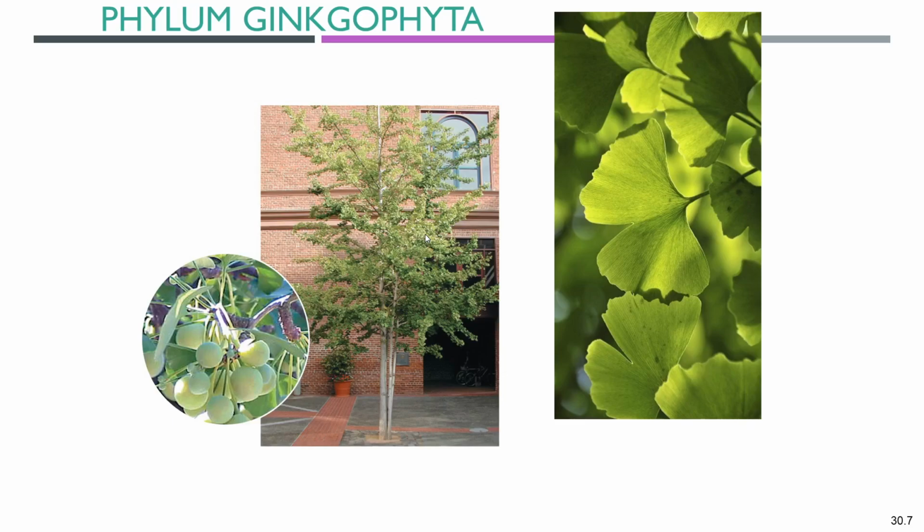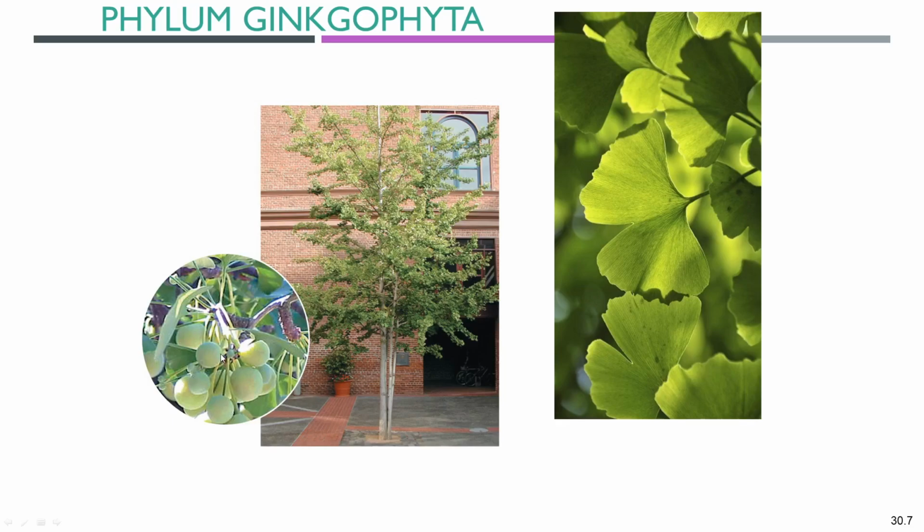It is like the cycads. This group of plants, though, is also going to be dioecious, which means that it has two different homes. So they are going to be either male or female. And what you're looking at right here, this is a female tree.